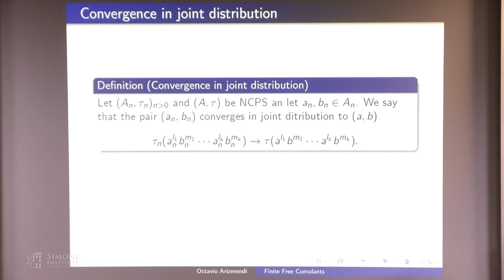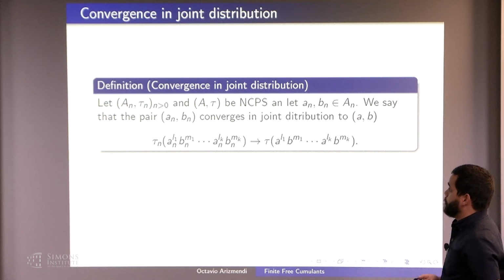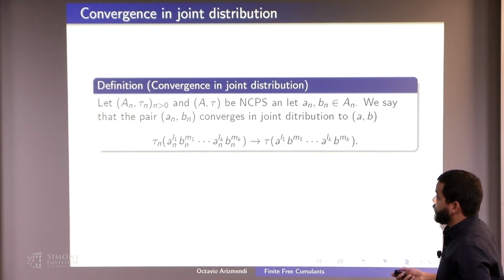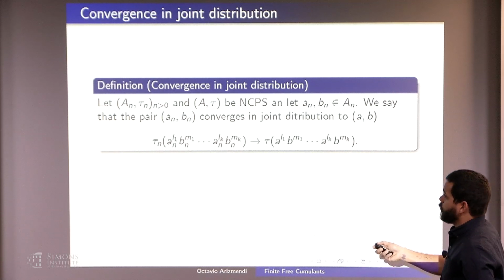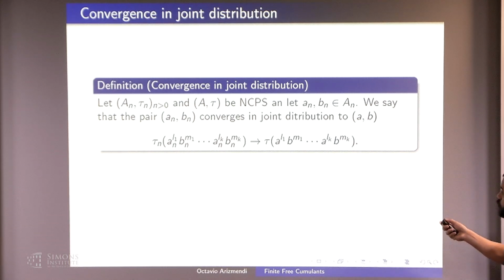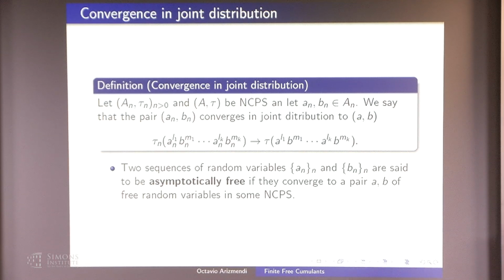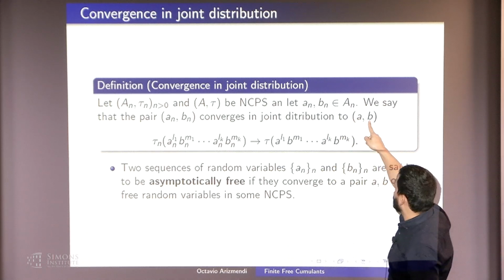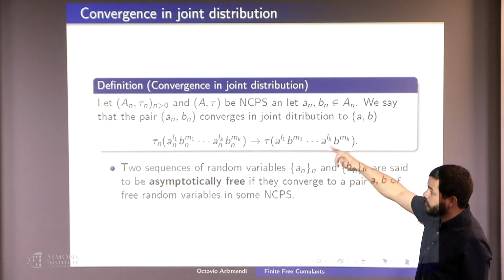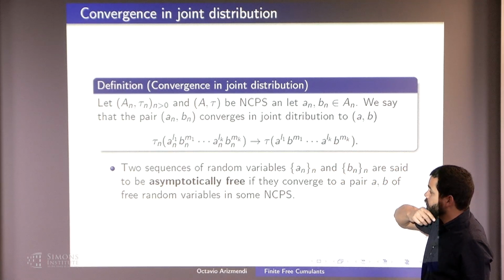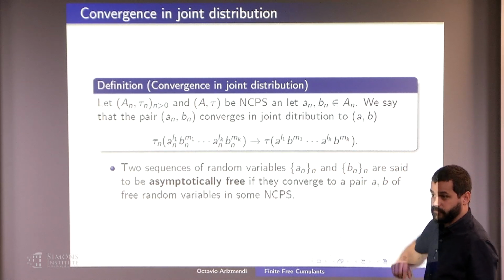So finally, what is the relation between random matrices and free probability? We say that two pairs of random variables in some non-commutative probability spaces converge in joint distribution to a pair if the joint moments converge to the joint moments of the limiting distribution. In particular, if these A and B are free, we say that these pairs are asymptotically free.